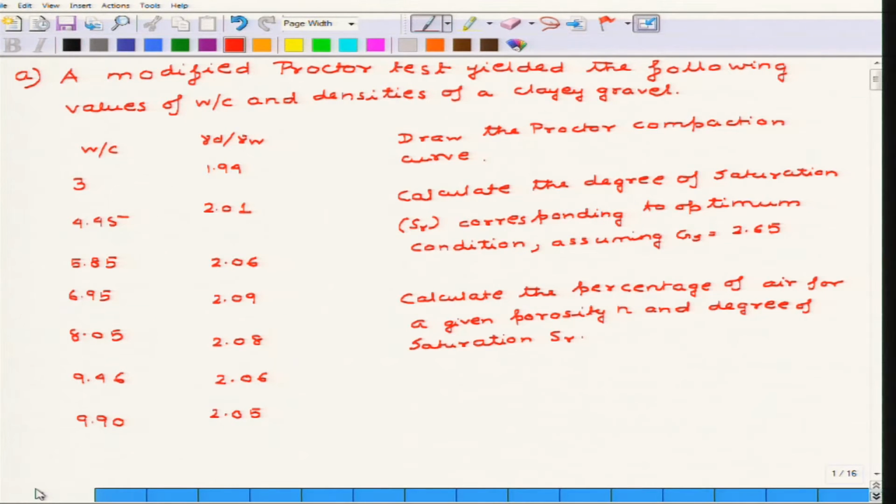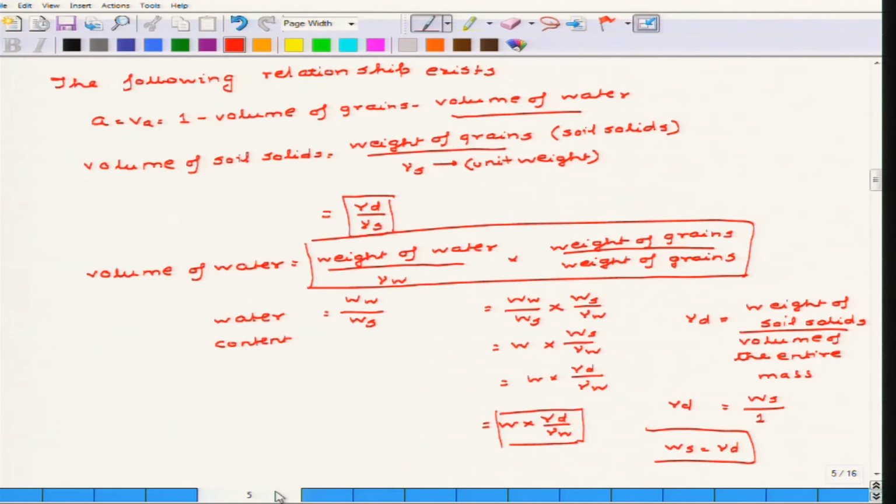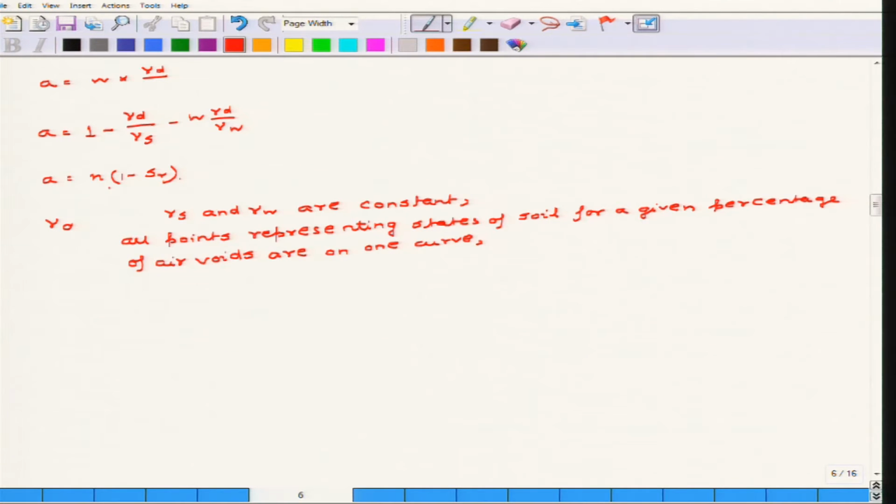And this is what we have to find out, because the percentage of air for a given porosity N and degree of saturation SR we have already found out. This is the percentage of air voids for a degree of saturation SR and porosity N.